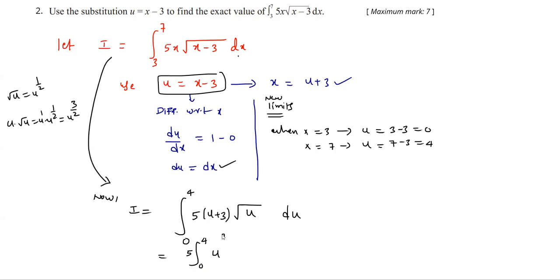So I'll get u power 3 by 2 plus 3 times root u, which is u power 1 by 2, du. I've written two integrals separately. See that root u times u and 3 times root u. This 5 is also outside, 5u and 5 times 3, 15. Hope it's clear.